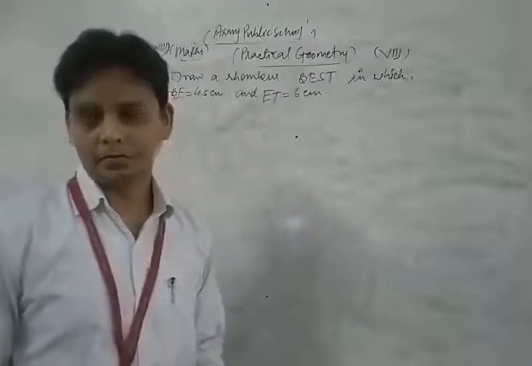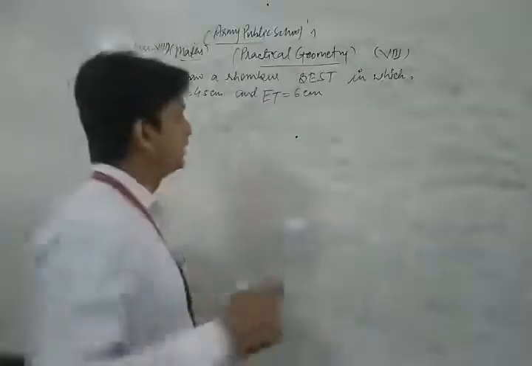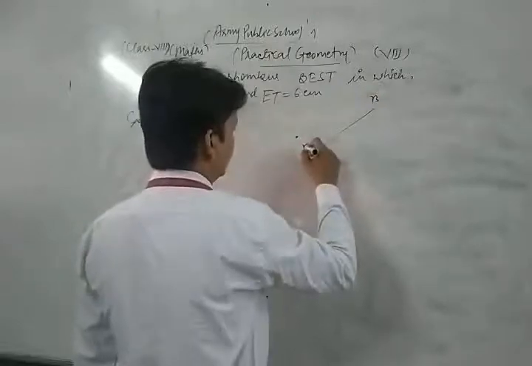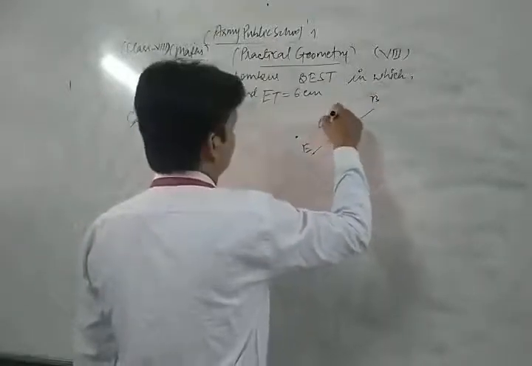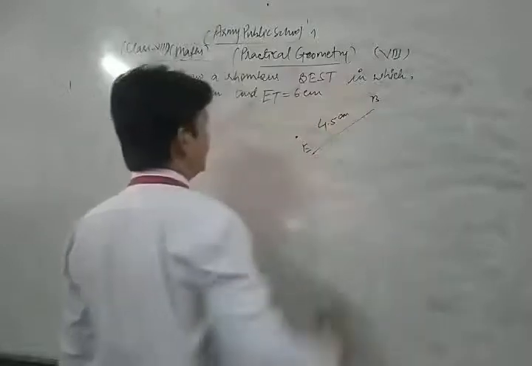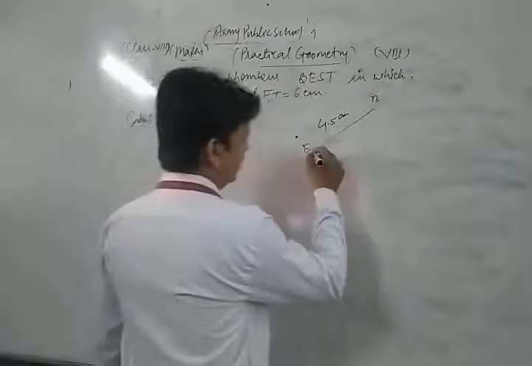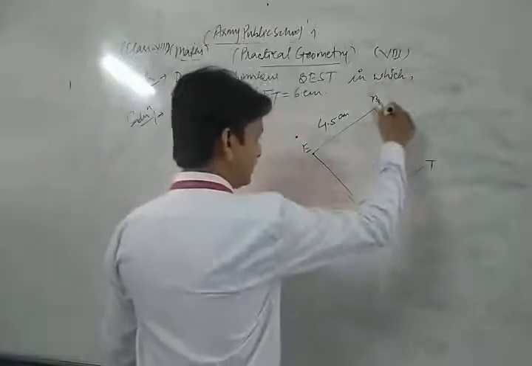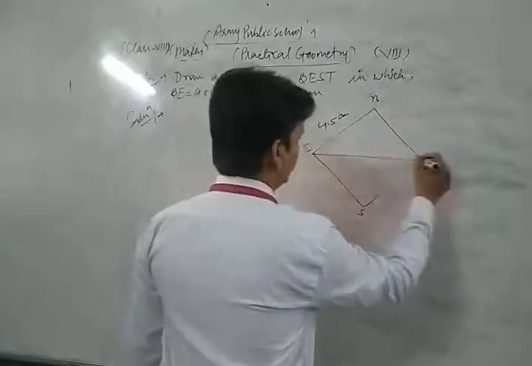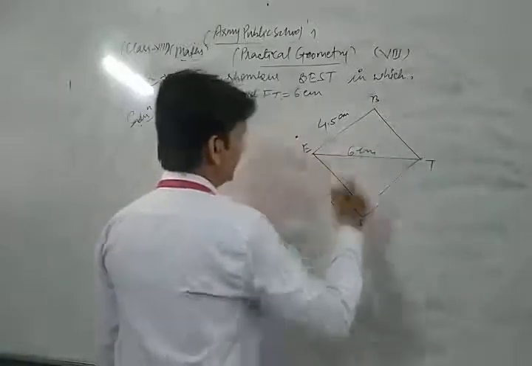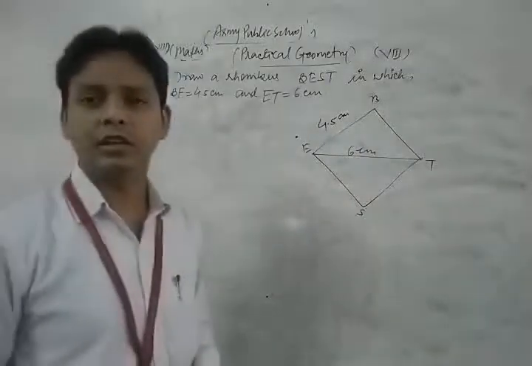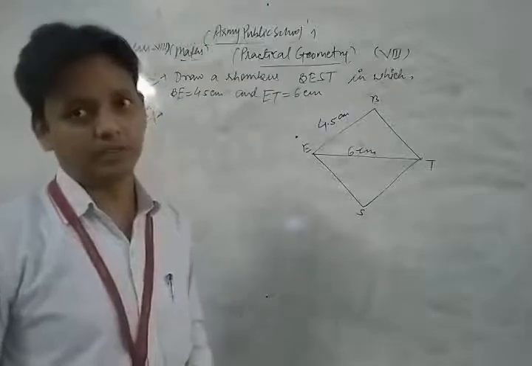Okay. Now let's see, here BEST. Suppose that BE is equal to 4.5 centimeter. This is S and this is T, and this is ET, which is equal to 6 centimeter. And you know that in a rhombus, opposite sides are parallel to each other, and all sides are equal in a rhombus.